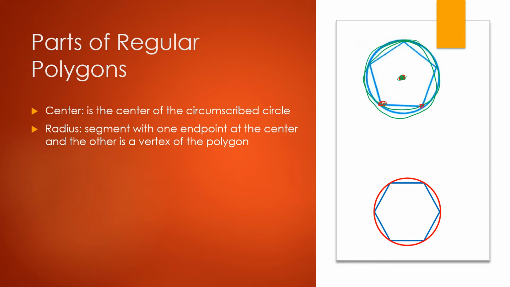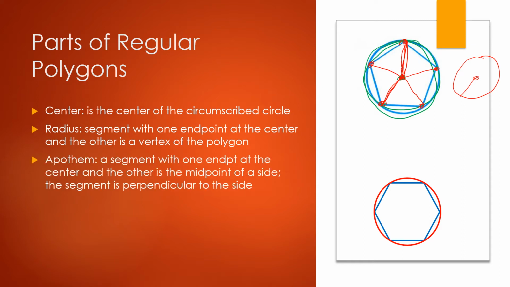These are our vertices, plural, the different vertices of the polygon. And this is going to be a radius. It starts at the center and goes there. As this is a pentagon, there will be 5 radii for this particular polygon. And note that the radius is also a radius of that circle that's going around.